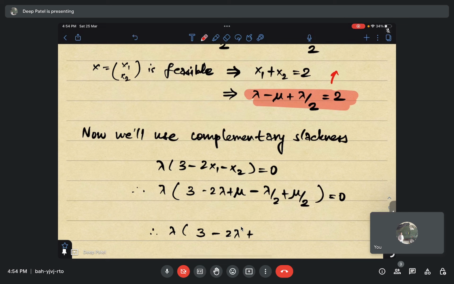Lambda minus mu plus lambda by 2, which is 3 lambda by 2. So from here, what can we say? 3 lambda by 2 is 2 plus mu. Substitute that, so we will just put that here.